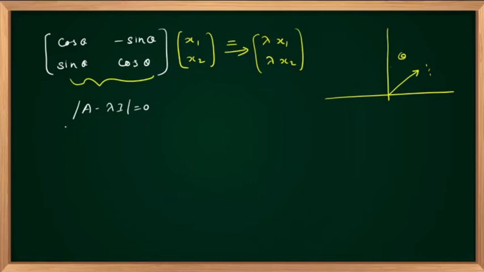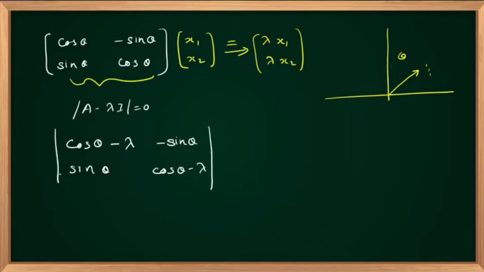So I'll take cos theta minus lambda. I need to subtract lambda from the diagonal elements: minus sin theta, sin theta, and cos theta minus lambda. The determinant of A minus lambda I equal to 0 means I multiply the diagonal elements: (cos theta minus lambda) whole square, minus sin theta into minus sin theta, which is minus of minus sin square theta, so plus sin square theta equal to 0.